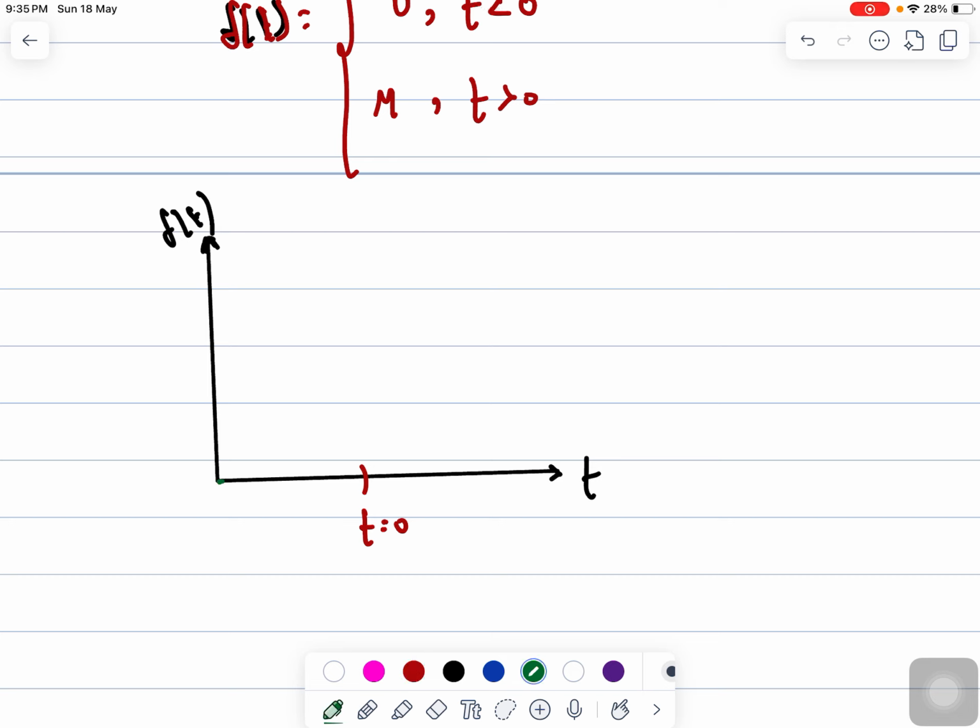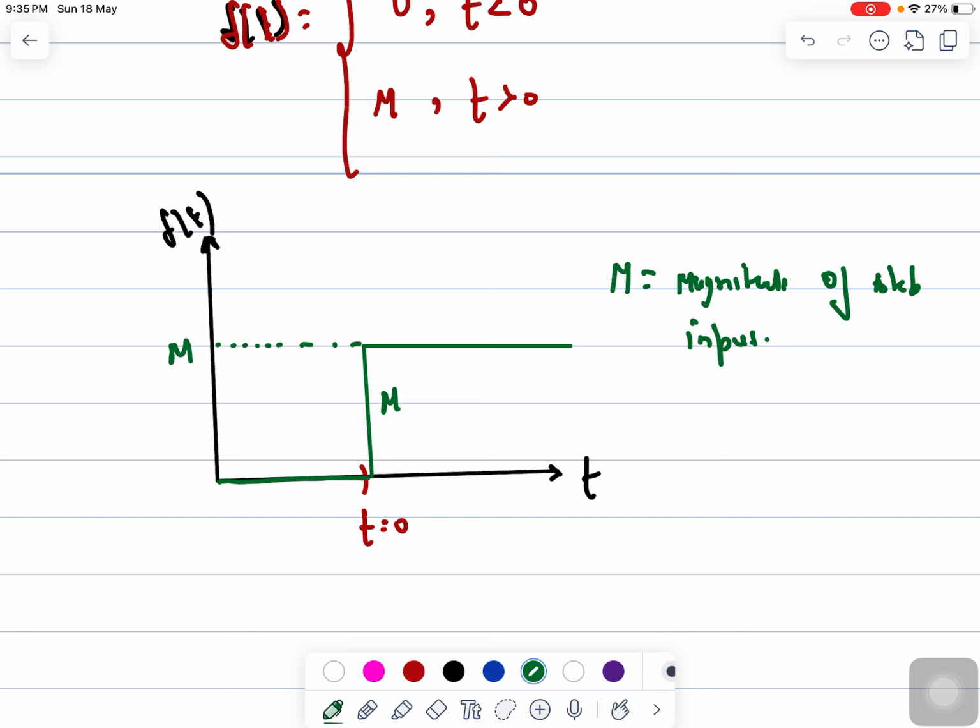I am showing it in green color, and at t equals 0 there will be a step input of magnitude m, and it will go like that. So this value is m, where m is the magnitude of a step input, correct? This is how step functions look.